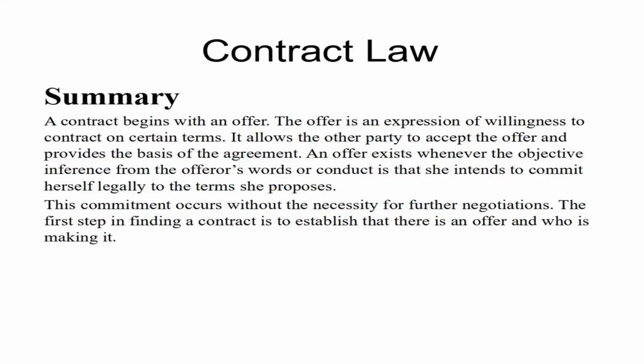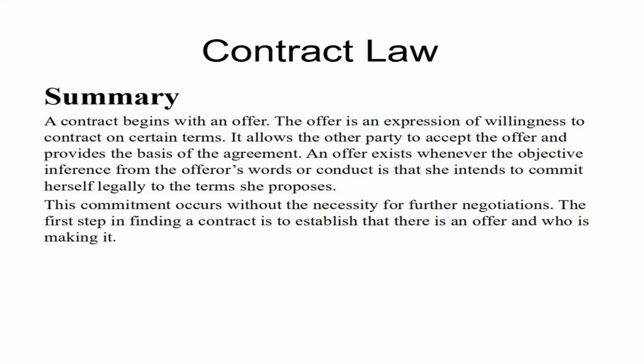Now we are going to a summary of the first chapter. A contract begins with an offer. The offer is an expression of willingness to contract on certain terms. It allows the other party to accept the offer and provides the basis of the agreement.